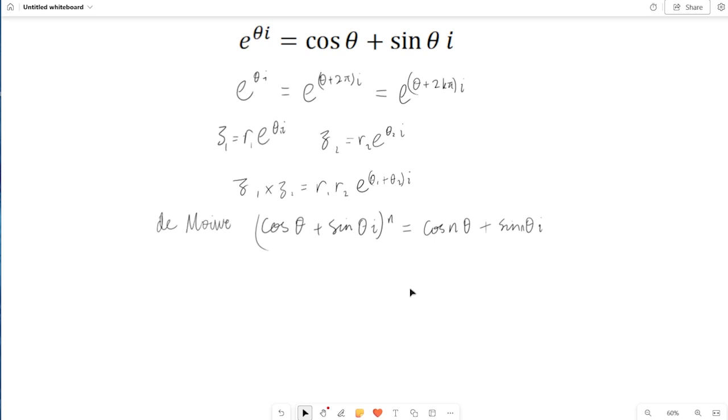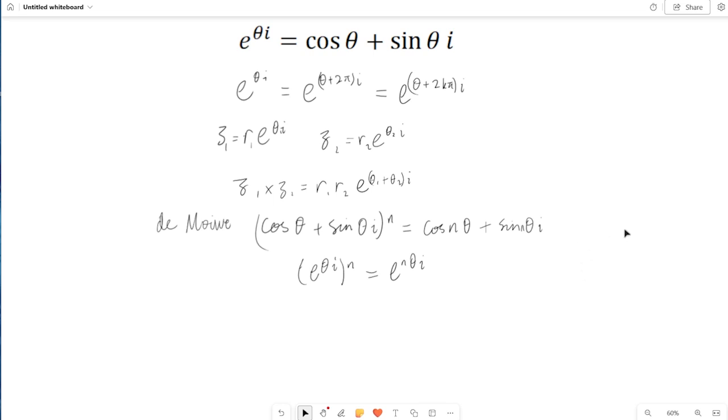But if you use the exponential form, e to the power of theta i, and raise the whole thing to a certain power, all you end up with is, once again, a simple application of the index laws. It's so much more straightforward than operating with the trig identities.